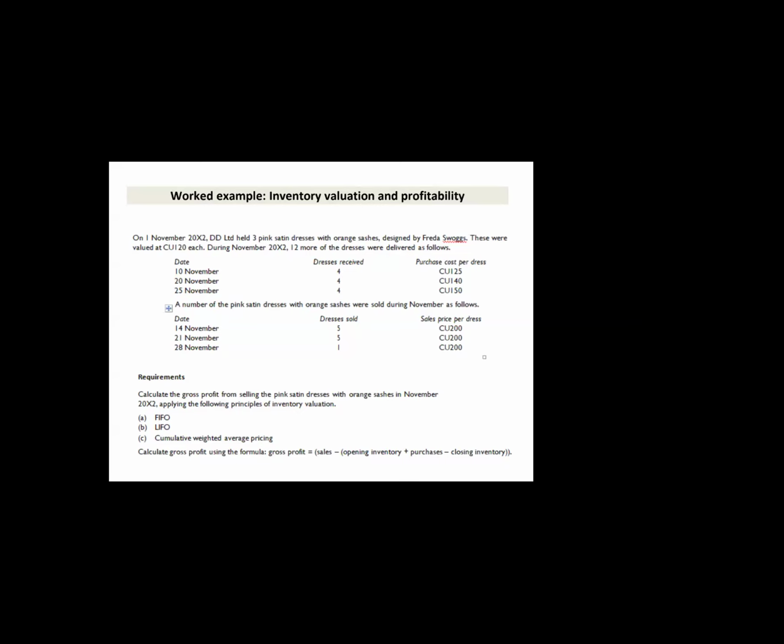And on 25th, we again received 4 units at the rate of 150. And on 28 November, we issued 1. So would this cost be 140 or 150? 140. So the last one is 140.